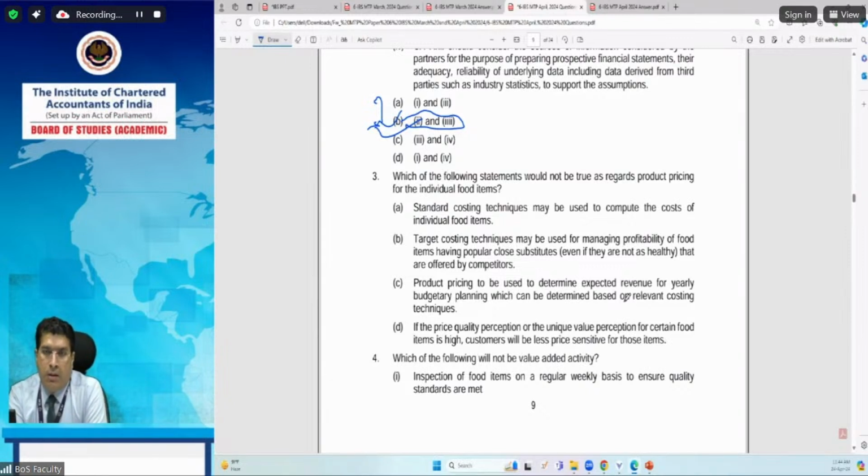Yes, the standard costing technique is very useful for computation of product cost because standards are predetermined, then actuals are compared at regular intervals.